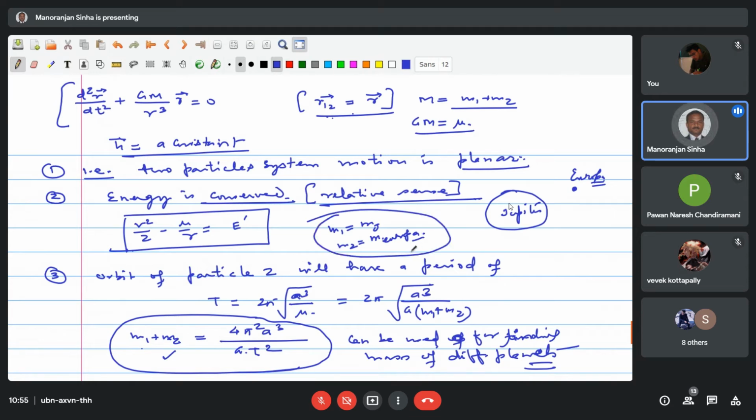So in the case of Jupiter, we can write this as mass of Jupiter, M2 as the mass of Europa. Then take the M1 as M Sun and M2 as M Jupiter. The time period of Jupiter is known to you, and the time period of Europa around Jupiter is also known. It's all measured.